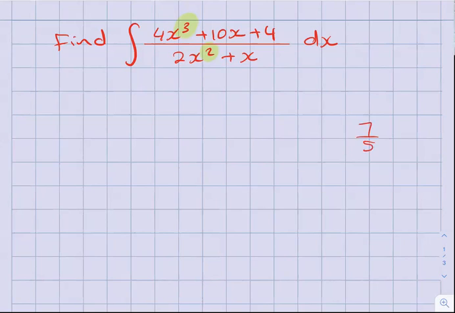We call it an improper fraction or top heavy fraction, because the numerator is bigger than the denominator. Did I go through this yesterday with you? No. Okay, I just want to make sure.